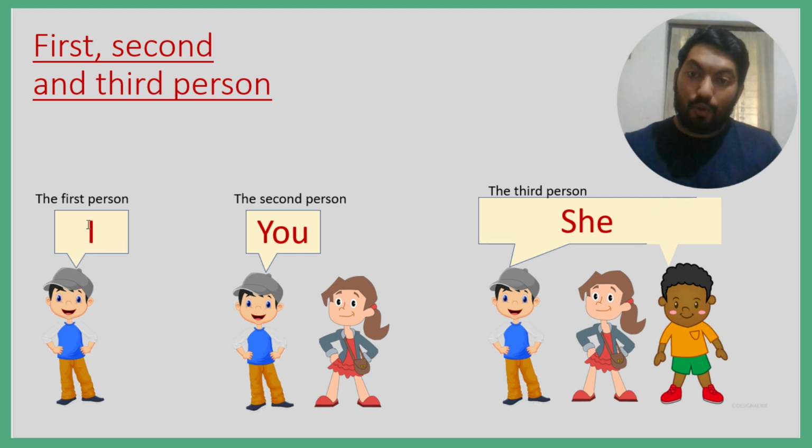If two boys are talking about themselves, then they may say we. Yes, we are going to church. I am going to church. We are going to church. So we is also first person when it is plural.